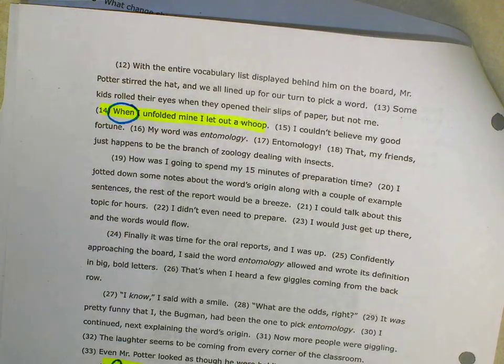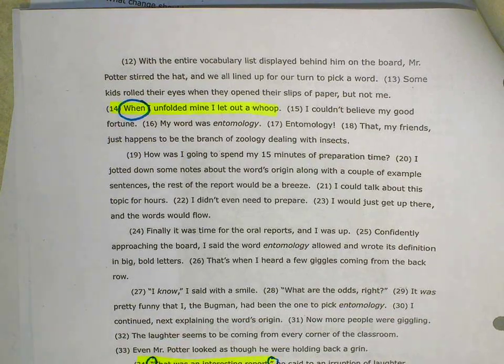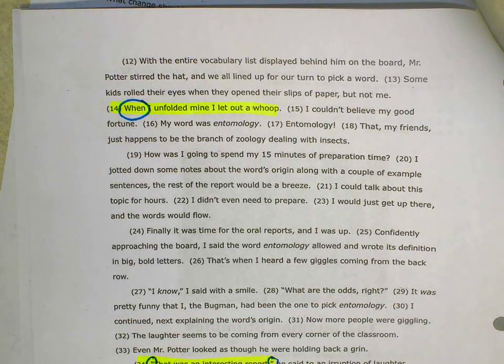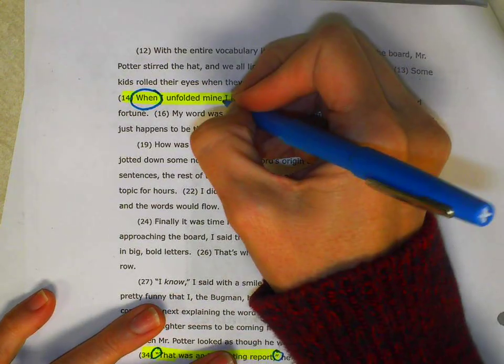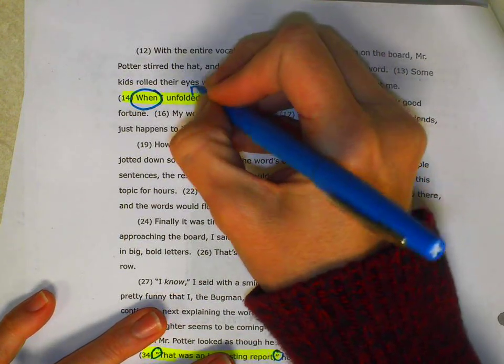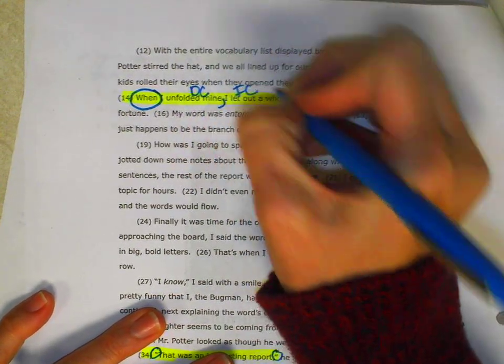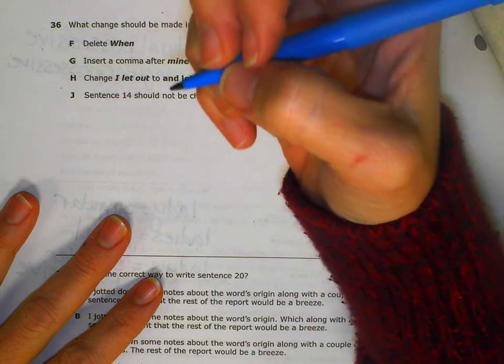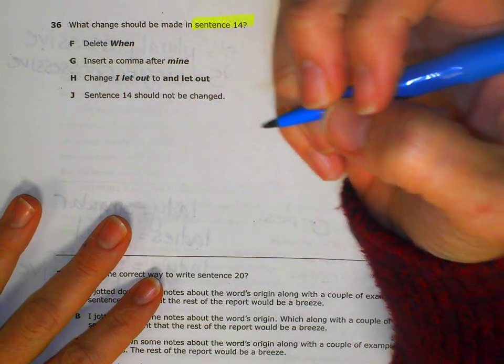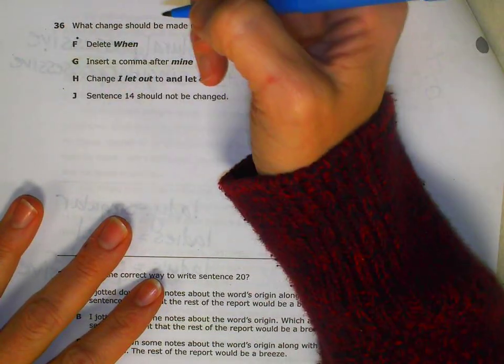Oh, I know that when I see a subordinating conjunction at the beginning of the sentence, I need to look for a comma. When I unfolded mine, I let out a whoop. So I should know that this should be DC, comma, IC, period. So insert a comma after mine. Okay?